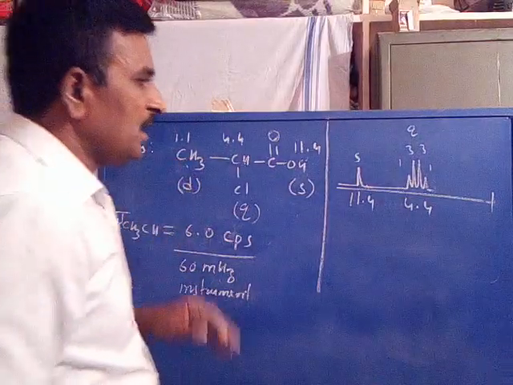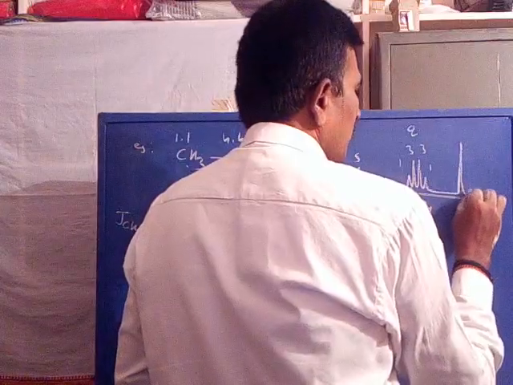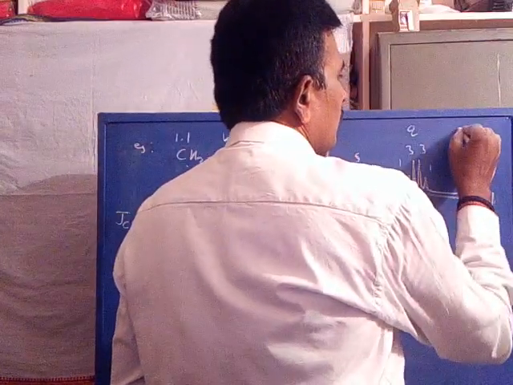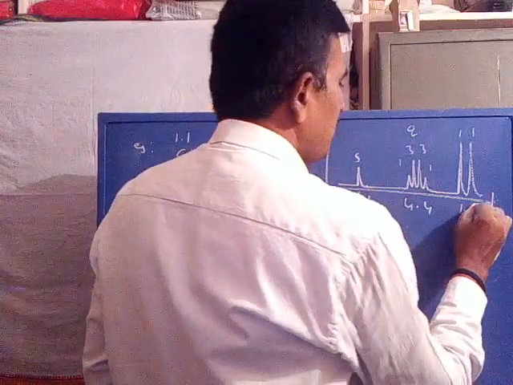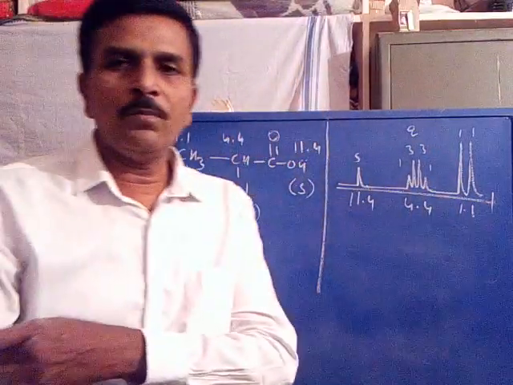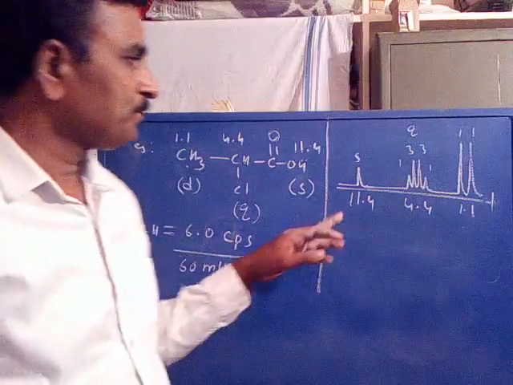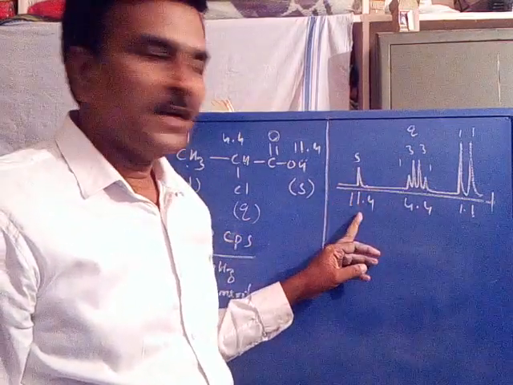Now for CH3 it is a doublet, 1:1, at 1.1 ppm. So this is the spectrum of alpha chloropropionic acid, where this is the singlet signal. It has no designation.